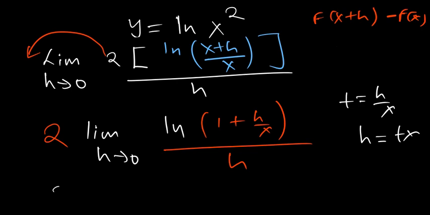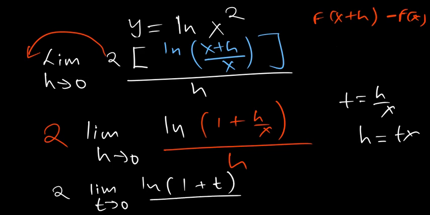So you end up with 2, the limit as h approaches 0. At this point, the moment you substitute, this is supposed to change to t approaching 0. So t approaching 0, and natural log of 1 plus t. For the h, we have tx.